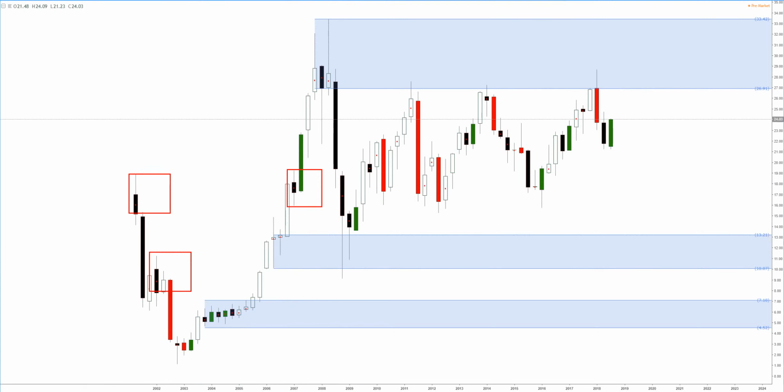So can we set and forget on this area of demand? No, we can't, because now price is overextended, obviously, and one area of demand has been eliminated. So this area of demand is only tradable if it is nested at a higher time frame area of demand, and it is not. We should have more candles at the base. Okay, so if this one is a weekly chart, then we would need a monthly chart.